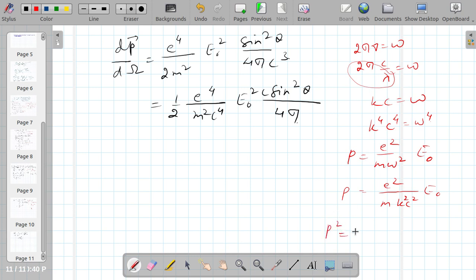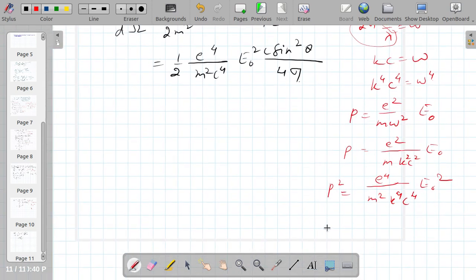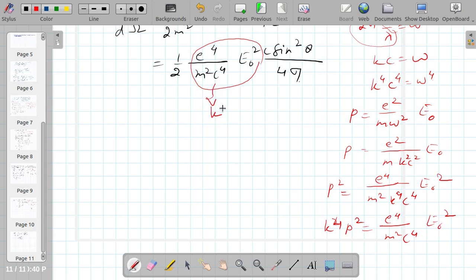Therefore p squared can be written as e to the power 4 over m squared k to the 4 c to the 4 E naught squared. Or I can say that e to the power 4 over m squared c to the 4 E naught squared is equal to k to the 4 p squared.